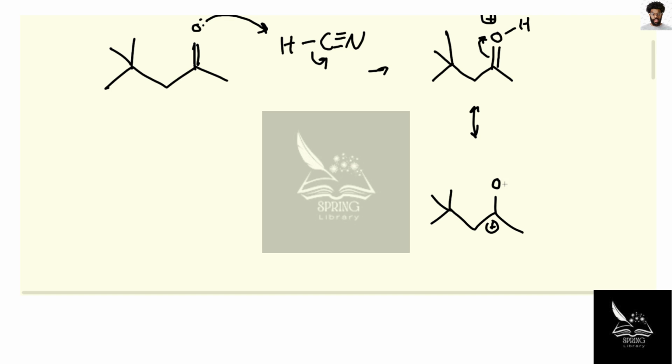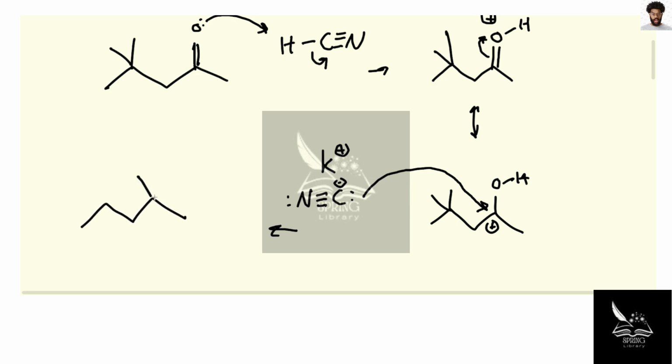In either case, just as last time, we have a planar carbon, which is what our negatively charged carbon is going to be attracted to. Nucleophilic attack on the electrophilic carbon generating a tetrahedral intermediate, or in this case, a tetrahedral product.